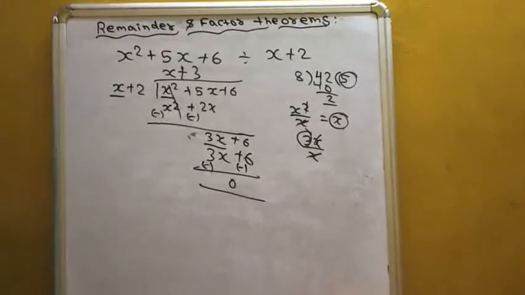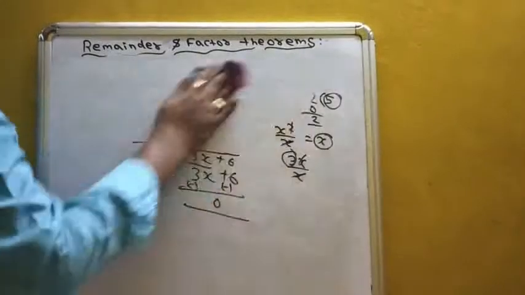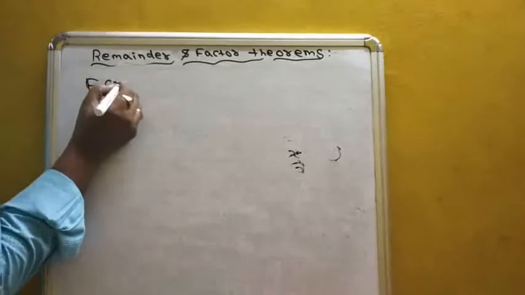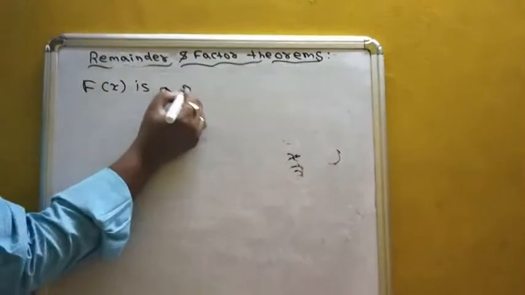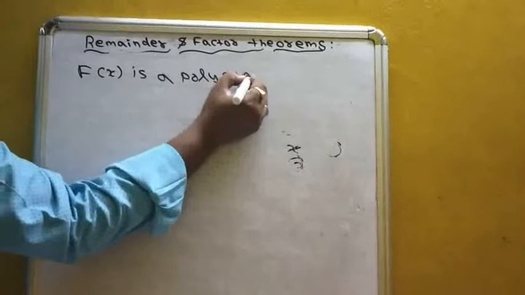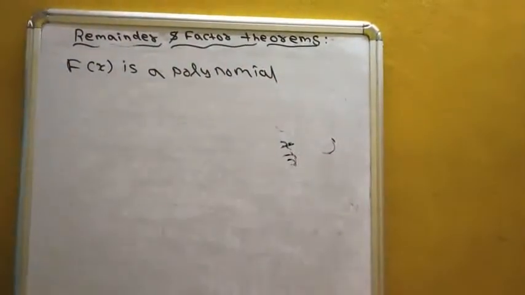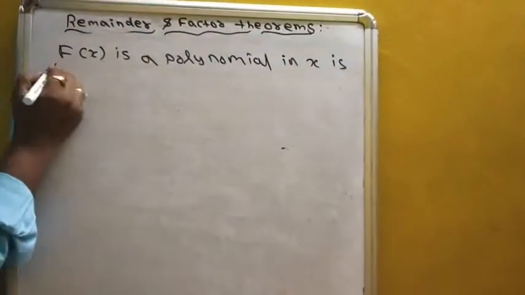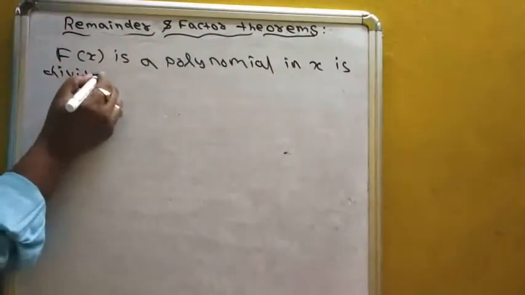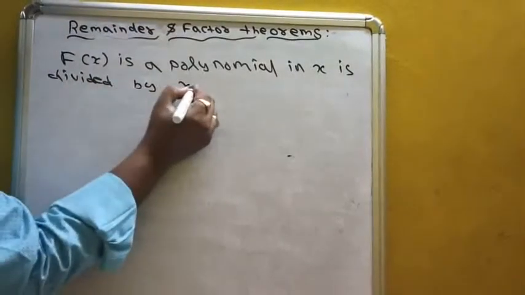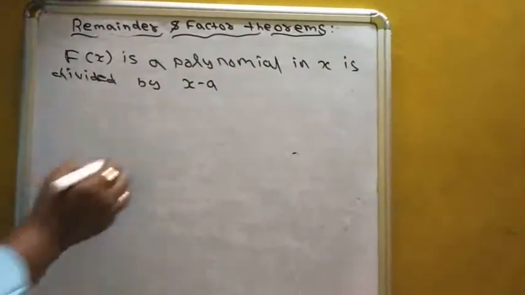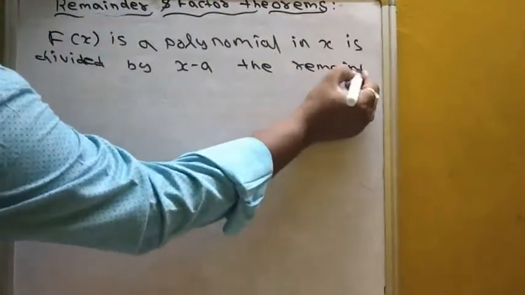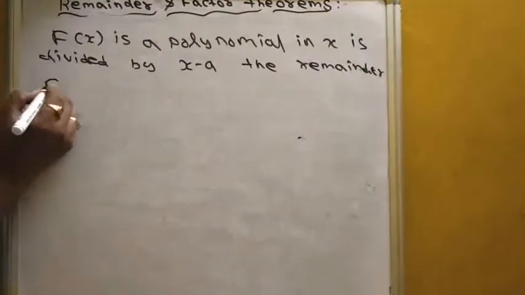If f of x is a polynomial in x, is divided by x minus a, then the remainder equals f of a.